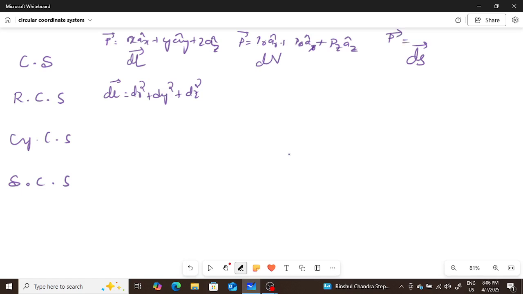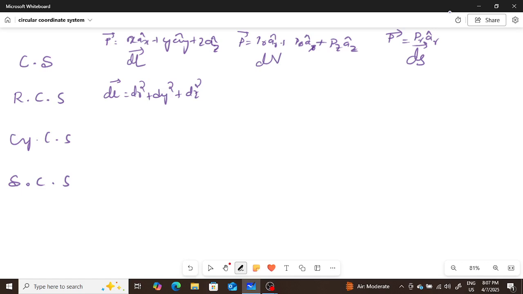P is equal to p_r a_r, but don't get confused; here you can take r as rho also.